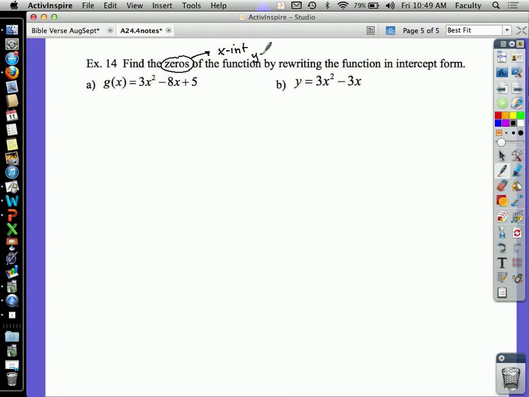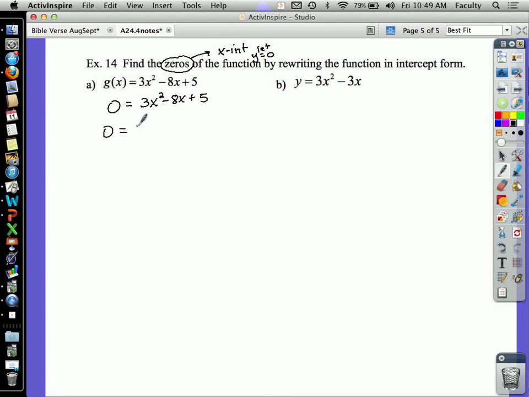And to find an x-intercept on a graph, you let y equal 0. So that's why it's called a 0. So in letter A, g of x equals 3x squared minus 8x plus 5. If you want to find the zeros, you just replace the y value, or g of x, with 0.